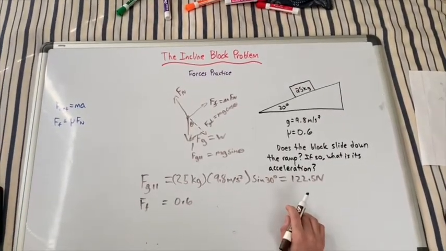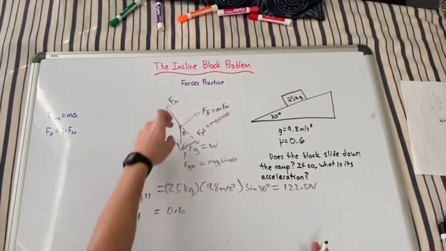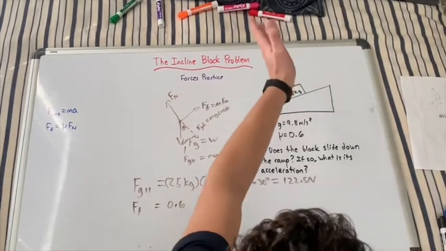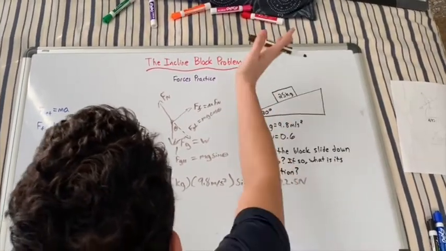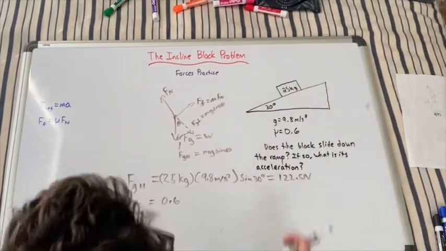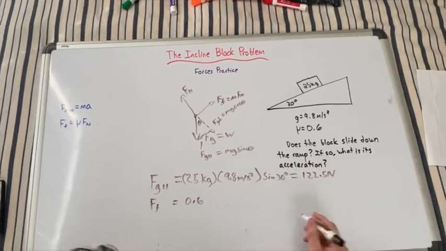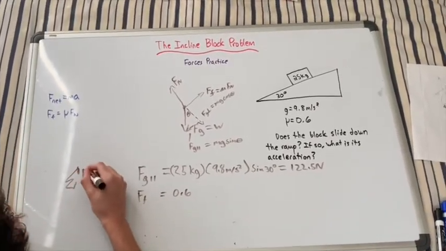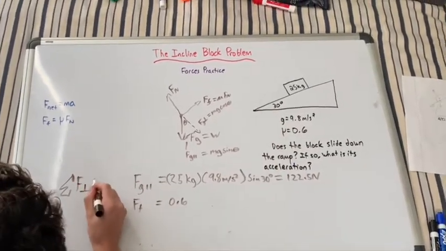So what we're going to have to do is write a force statement. Since the block doesn't move in this plane, the block isn't pushed up by the ramp, or the ramp isn't pushed down by the block, we can write this statement over here that the sum of the forces in the perpendicular plane is equal to 0.